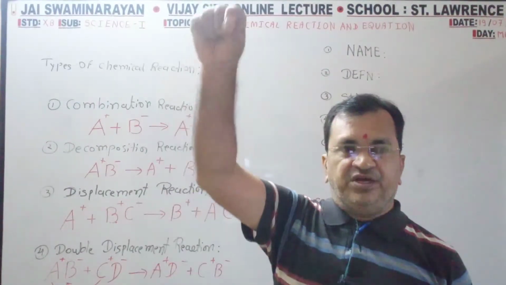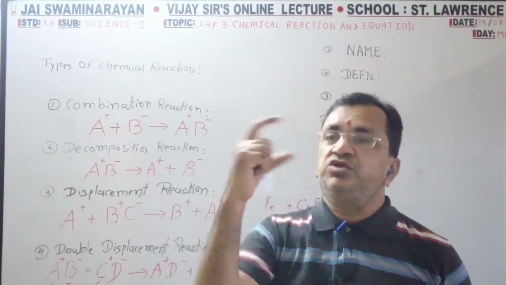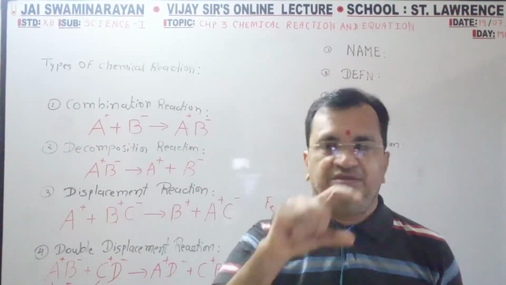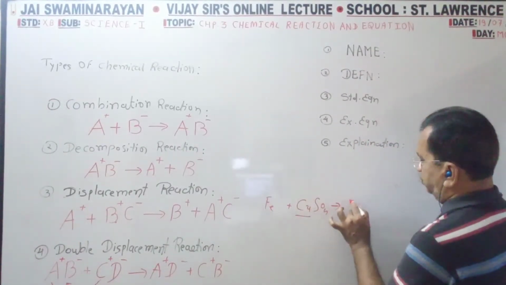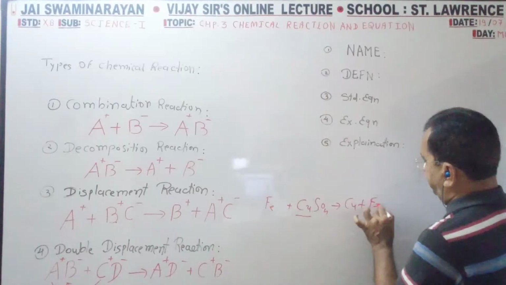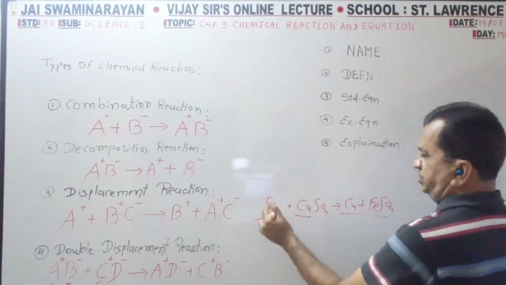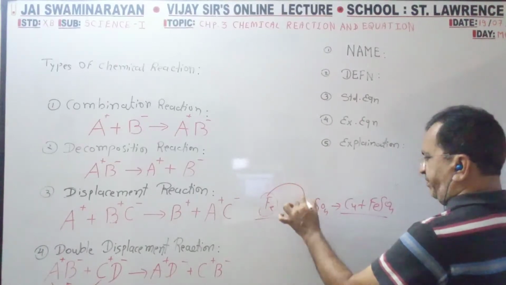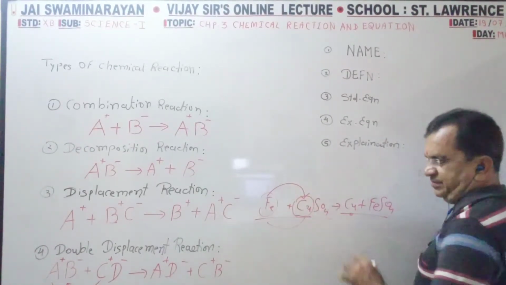After some time, the part which is deep in the solution, you will find copper. So this will separate. So Cu plus FeSO4. So the active metal replaces the less active metal and it will be free.